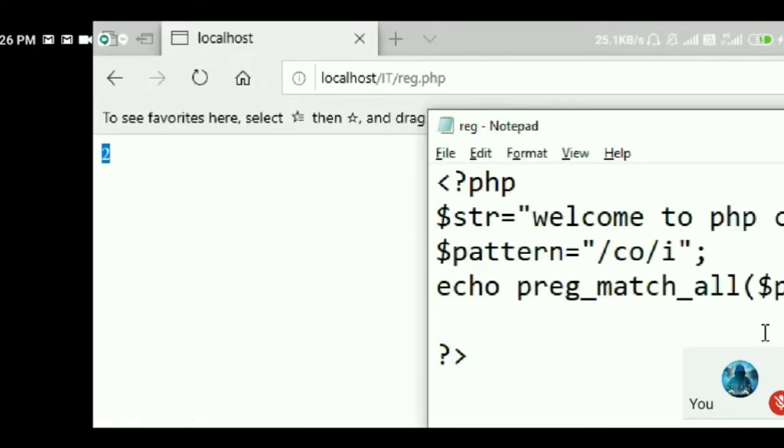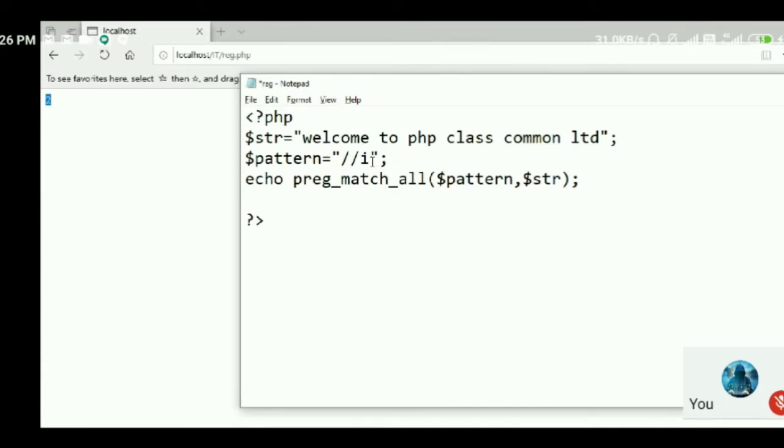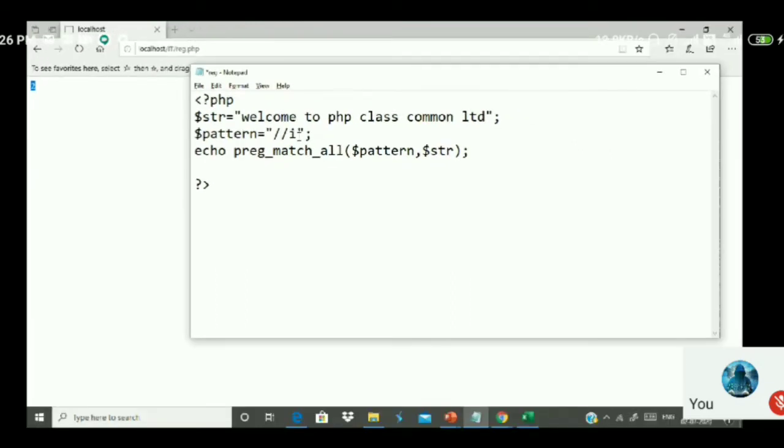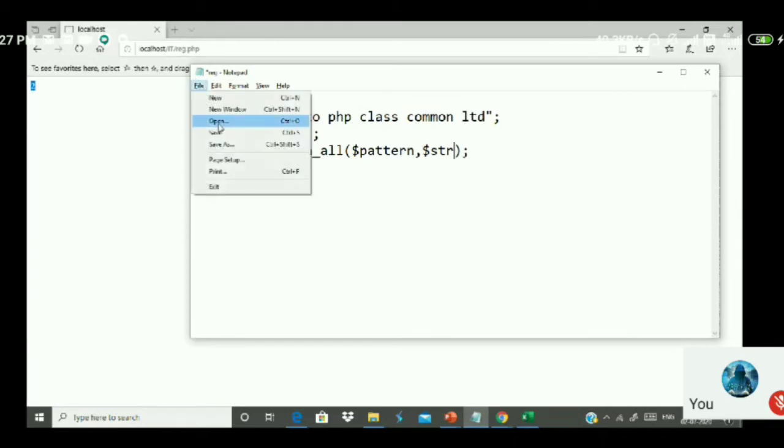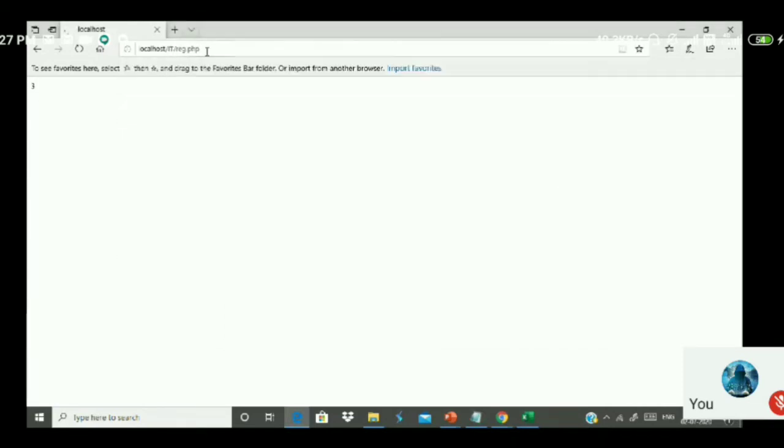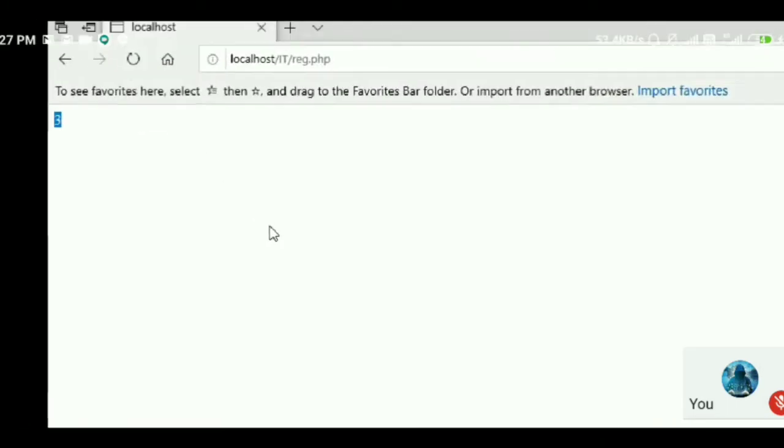Suppose I give L here, with /i. What will be the output if I give it like this? 3 will be the output, because L appears in 3 locations: in PHP class I have L, and in limited I have L. So in this case, I will get 3 matches.